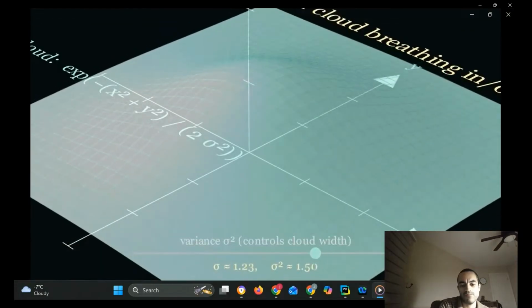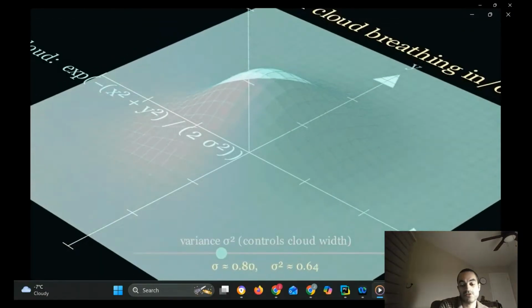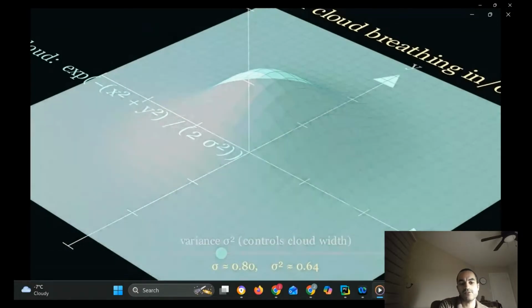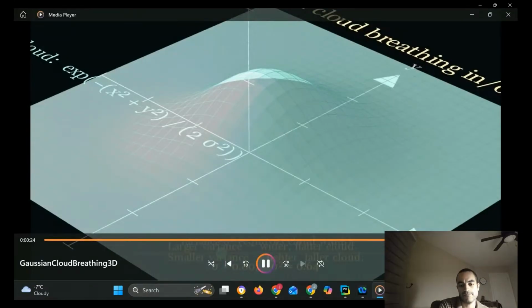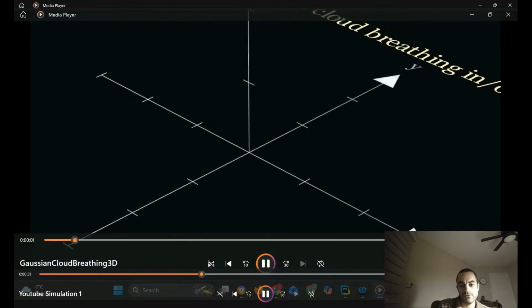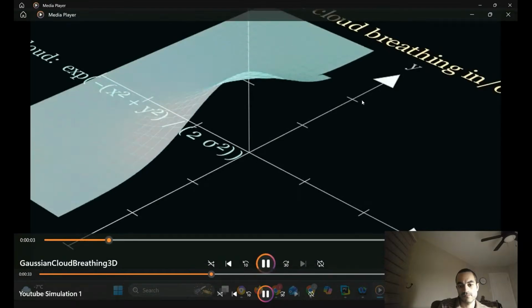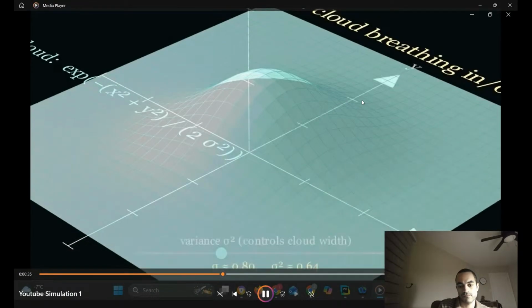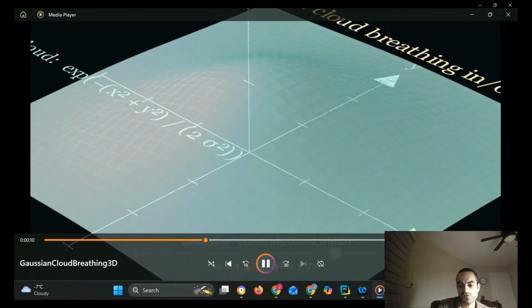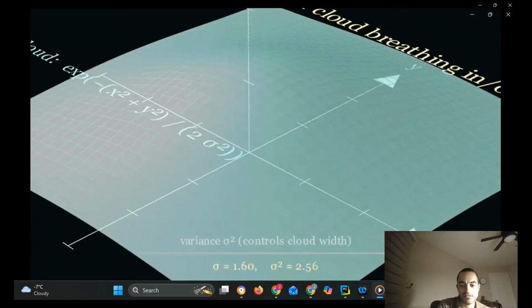Now, another thing too, the variance controls the cloud width. I'm going to let you guys still think what type of distribution function it is. At the same time, if you look at the bottom here, you can see that the variance sigma squared controls the width of our Gaussian cloud.